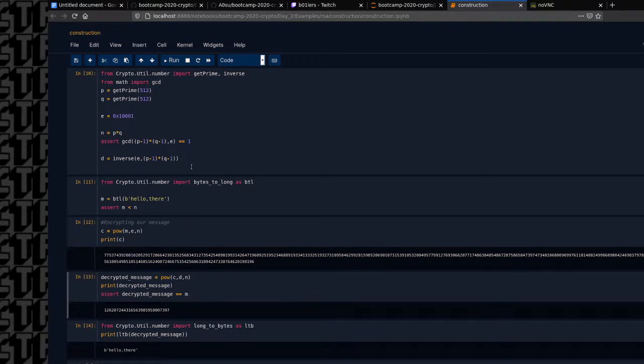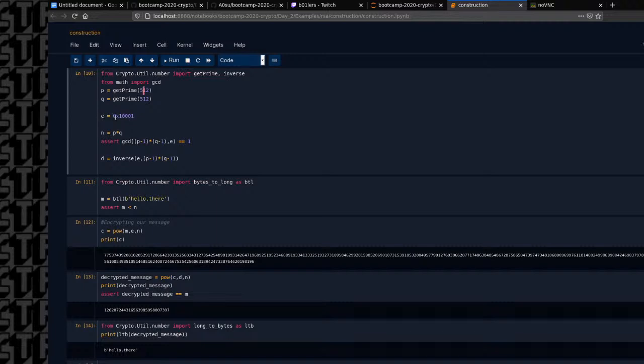So this is a small example in generating an RSA example. Only using the PyCryptodome library here, math library. So we have 2 integers p and q. I'll use the PyCryptodome library function, getPrime, to generate a prime of 512 bits.